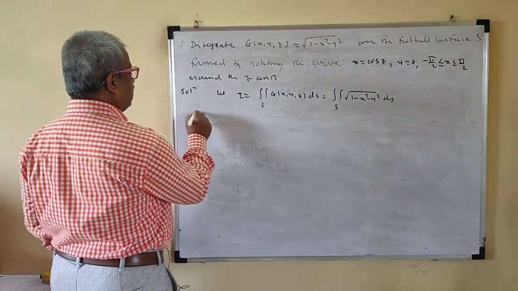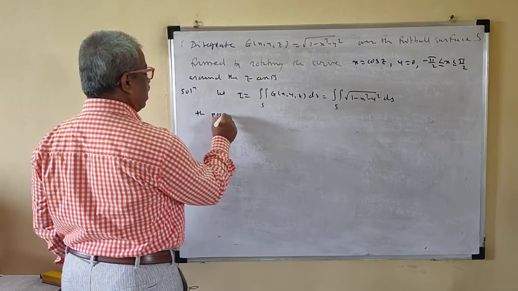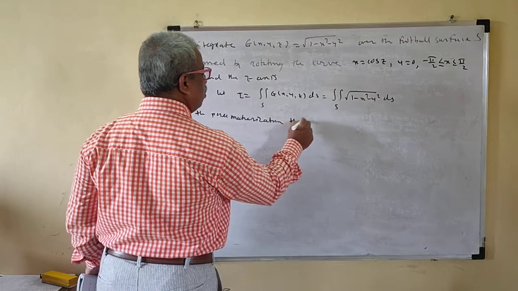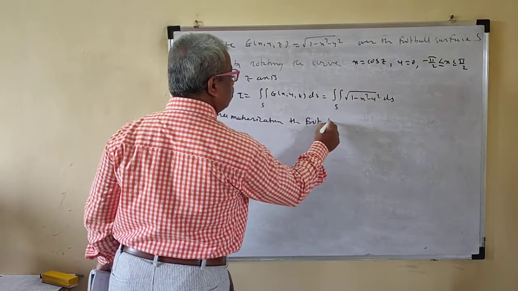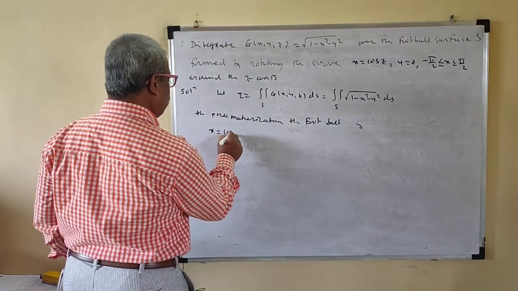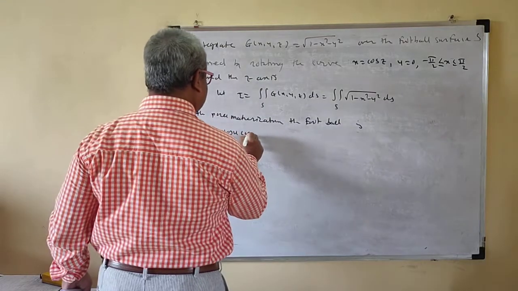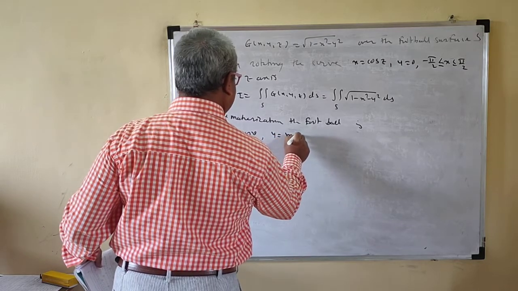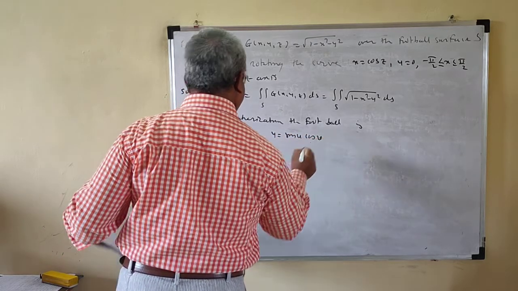Okay, the parameterization of the football is x is equal to cos u cos v, y is equal to cos u sin v, and z is equal to sin u.